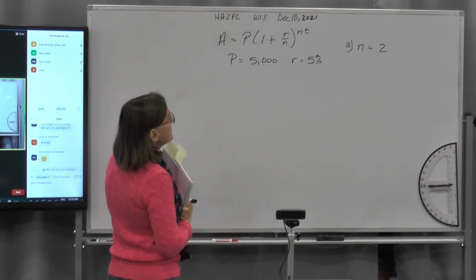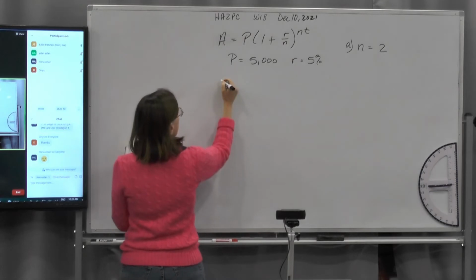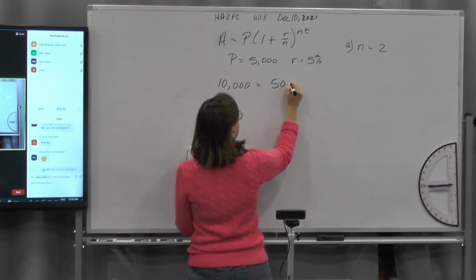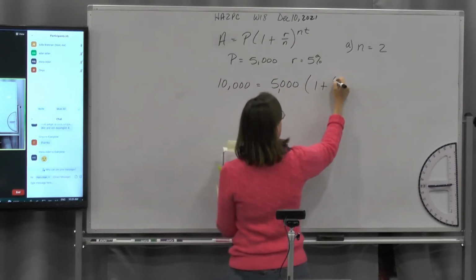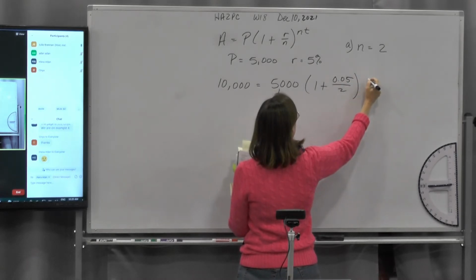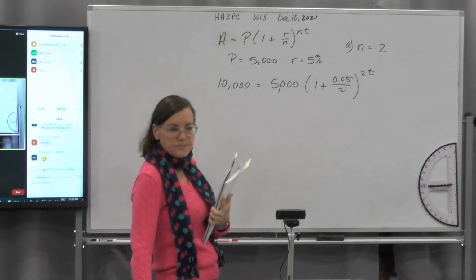So I have everything but t. If I want to double it, then I want my amount to be 10,000, my 5,000, and I'm going to put this in my 1 plus 0.05 over 2 raised to the 2t. Just plugging everything in.